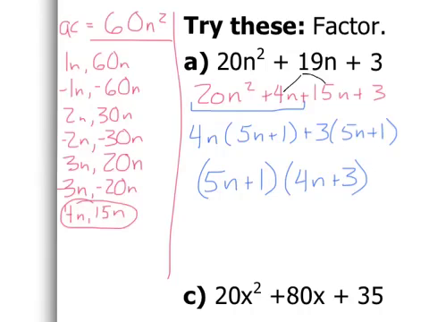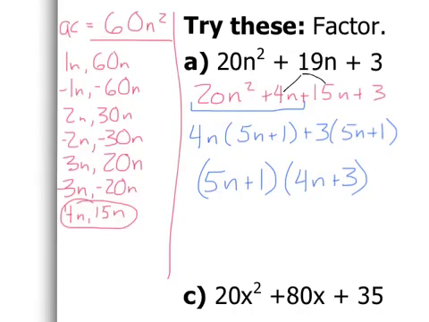AC. The AC method, right? So if there are 3 terms, then I try the AC method. Okay? So always try a GCF. Always, always, always try a GCF. It'll make your problem easier. After you do a GCF, check, are there 4 terms? If yes, then group. If there are 3 terms, then you move on to the AC method, okay?